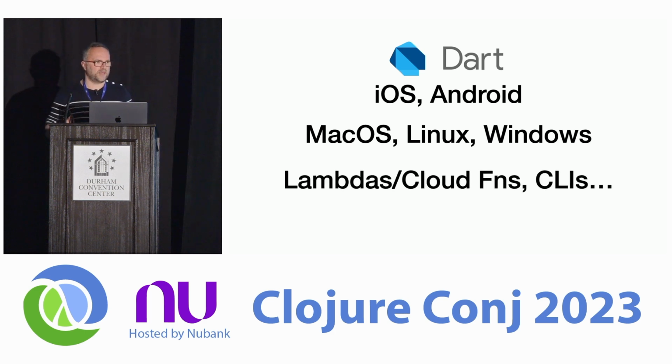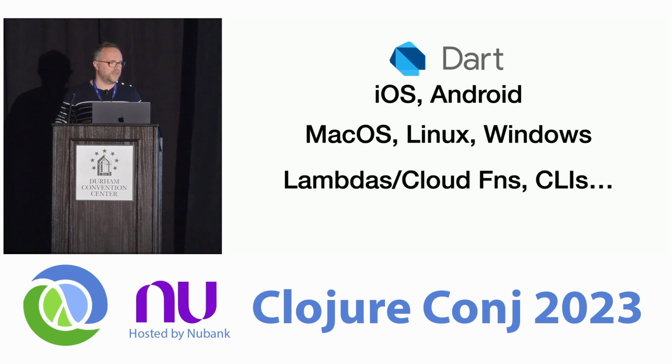And what makes Dart a good client language? That is, it starts fast. Well, the binaries that it generates start fast and are not too big, which makes it also a good candidate for writing command line utilities or functions as a service.